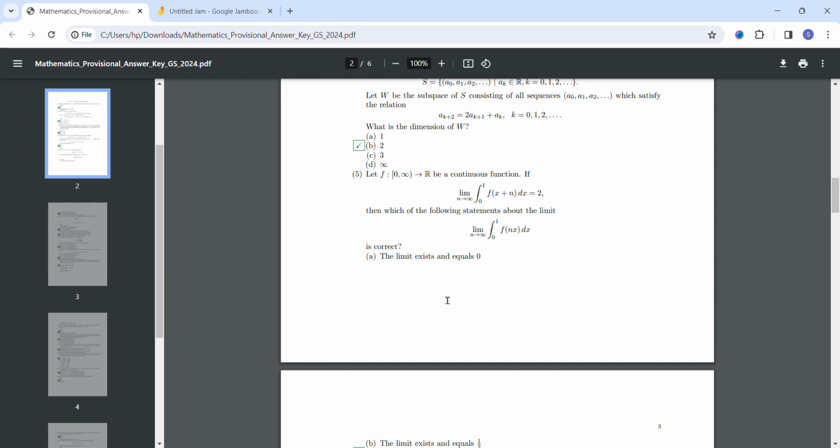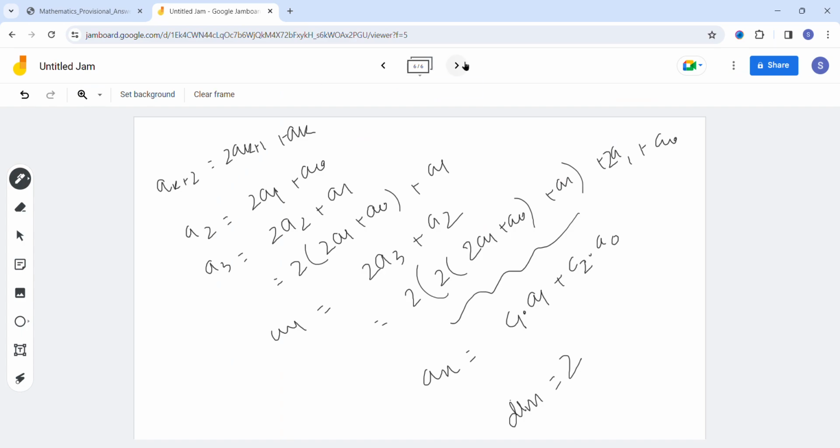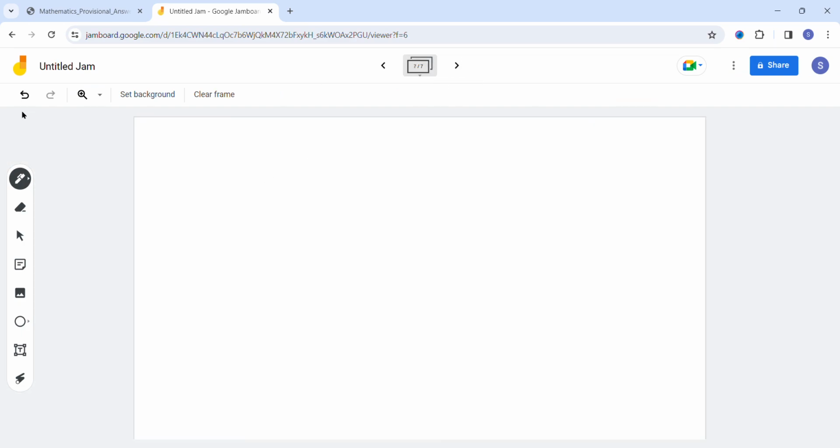It's a good problem. So f is a continuous function from the closed interval [0, infinity) to R, and it is given that the limit of some integral is 2, and then you have to find the limit of another integral. Okay, so let's see. Integral 0 to 1 of f(x+n) dx, right?